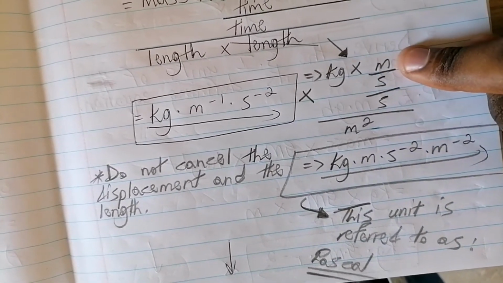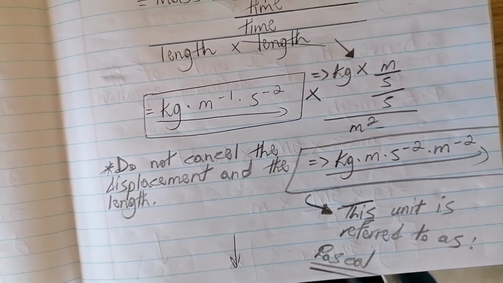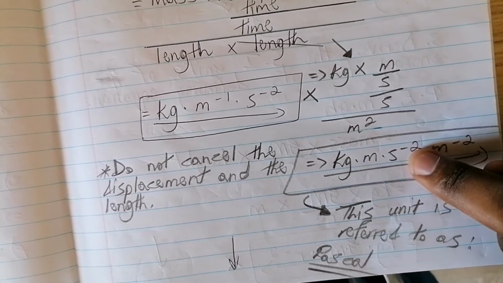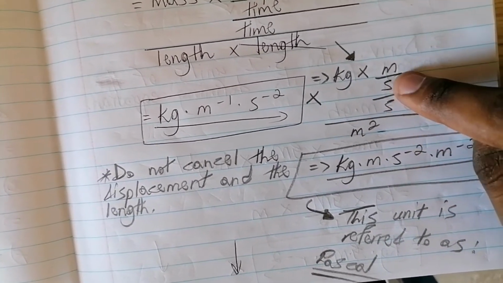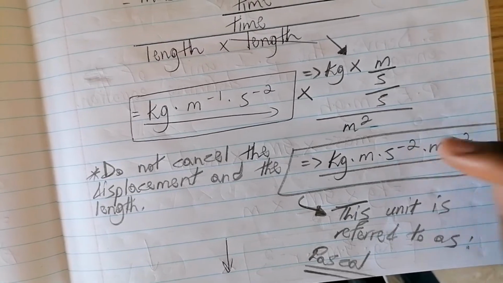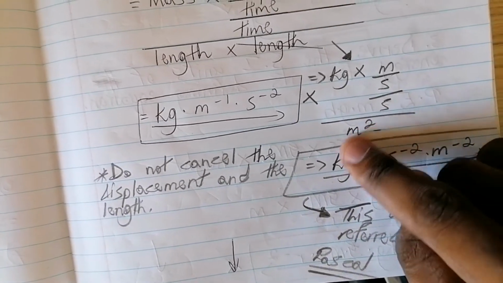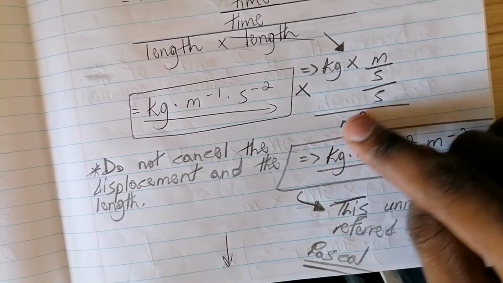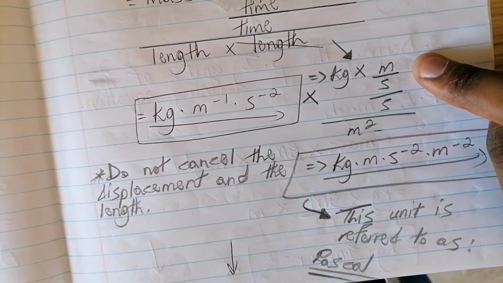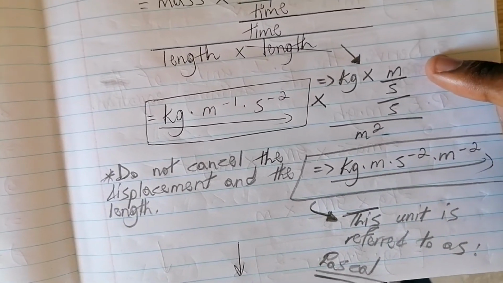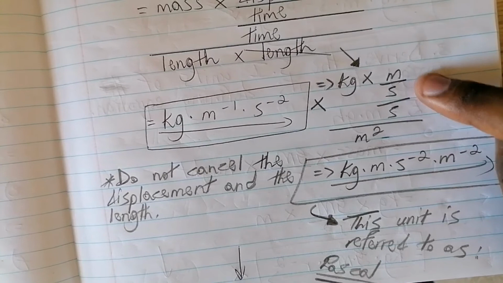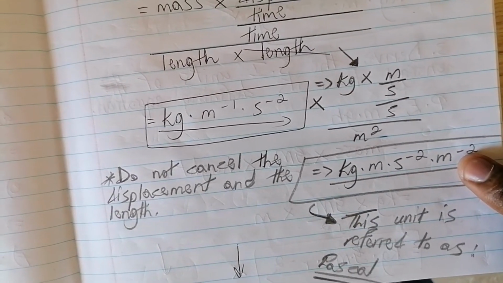Therefore, we want to put the second on the numerator. We just have to put the negative sign, and then we have 2 seconds. That's the reason we have negative 2. And then this meter squared is also in the denominator. If we want to put it on the numerator, we also do the same thing. We put it on the numerator, but we put the negative sign over here.